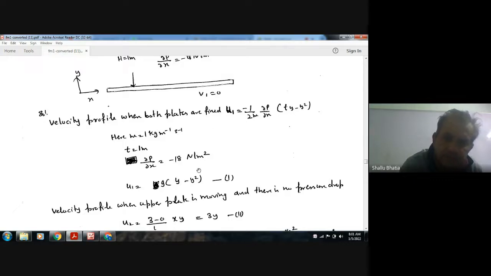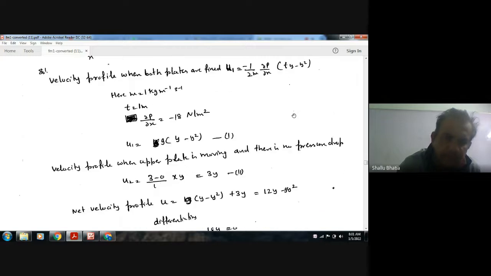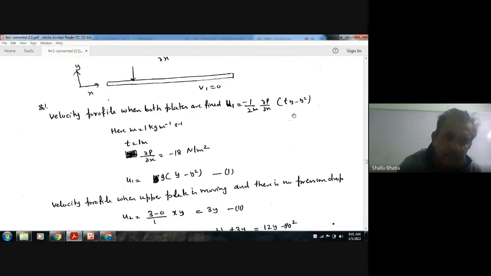So putting these values in, we get u equals 18 by 2 times 1 into y minus y square. Question number 1.